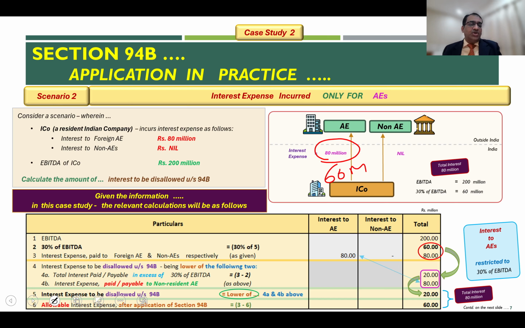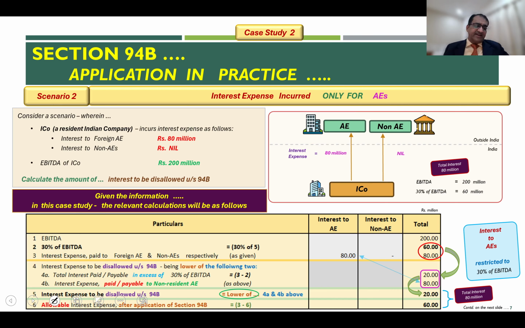And therefore, by operation of the requirement of section 94B, because you are paying only to the AEs, your interest deductibility will be restricted to 60 million and the balance 20 million will be disallowed. Of course, this 20 million, as we have seen, can be carried forward for the next 8 assessment years from an Indian perspective. That is something which is permitted under the Indian framework. Section 94B does allow you to carry it forward for the next 8 assessment years.